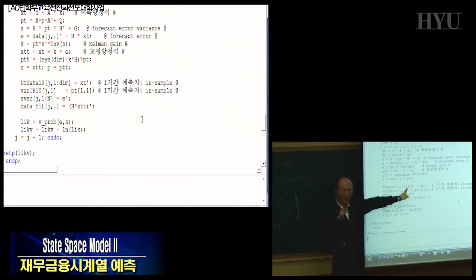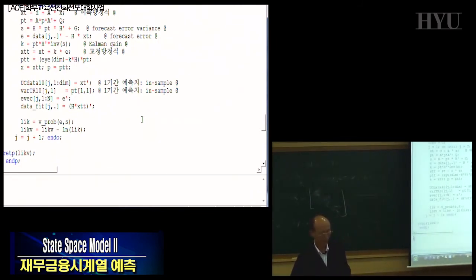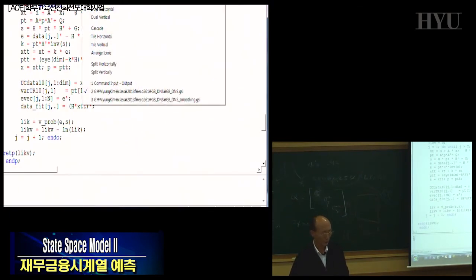It's storing the one step ahead predicted value, X. You can store this one instead if you're interested in alpha t, t. This is alpha t, t minus 1, right? So if you want to take a look at how these three factors look like over time, that's your answer. So let's take a look at that.